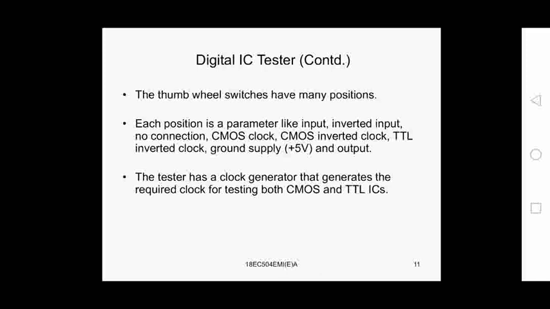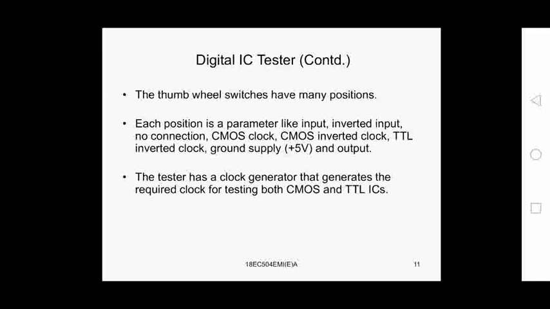Then the digital IC tester will have a clock generator which will generate the required clock for testing both CMOS and TTL ICs. In the digital IC tester block diagram, you will be having the system clock which can choose either CMOS clock or TTL clock based on your IC.